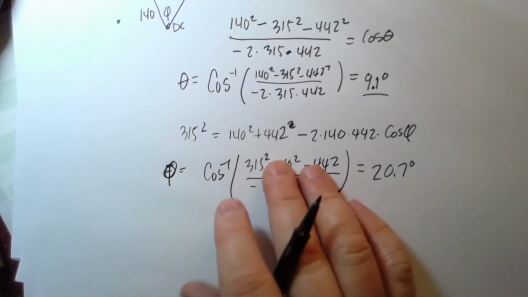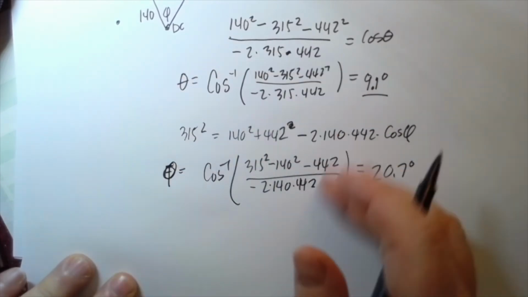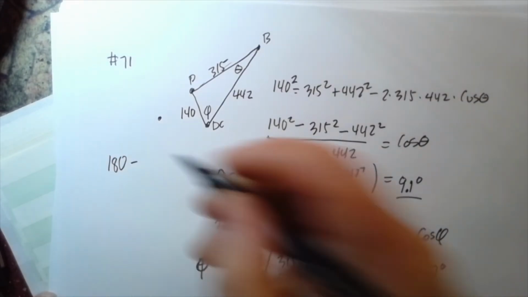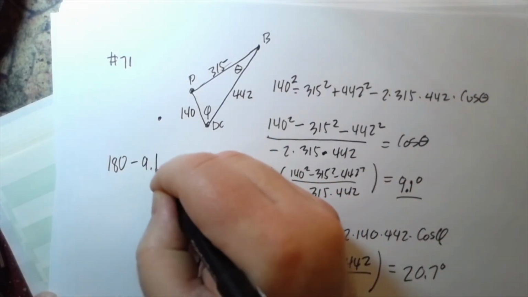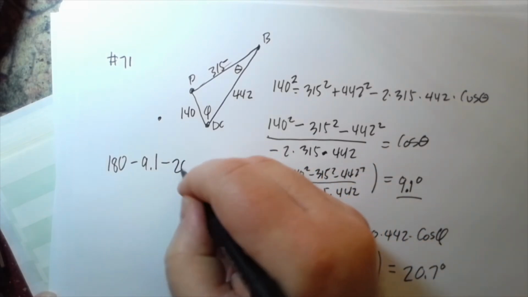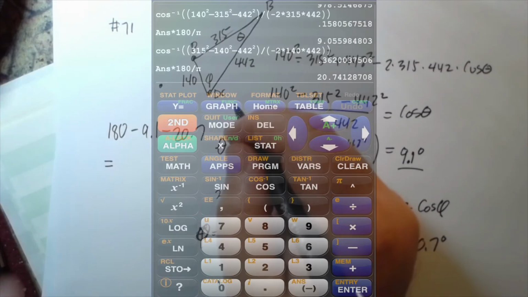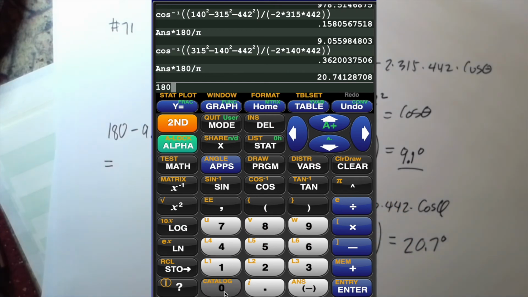Now, for the last one, I could do this all again, but I really just have to go 180 minus 9.1 minus 20.7.